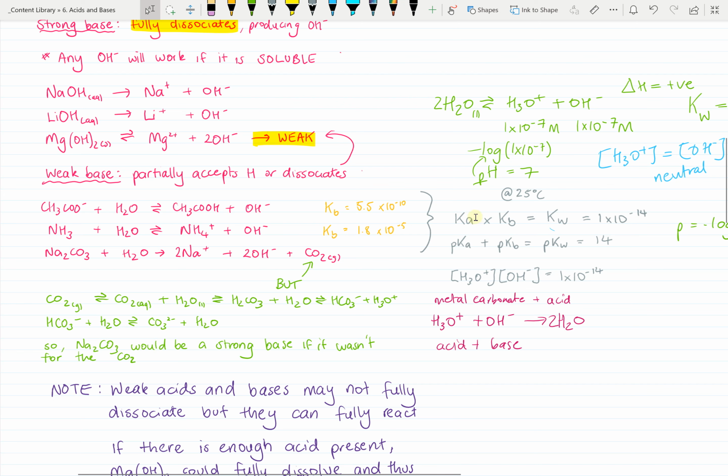And they're obviously weak, so one can accept and one can't. So weak conjugates have this relationship. And if Ka is really large, Kb would be really small. So if you've got the acid being fairly strong, like having a fairly high Ka, then this Kb will be really low. And if you know one, you can figure out the other using the constant if it's at 25 degrees. You're getting a little insight into how we can turn every terrible number into a nice number.